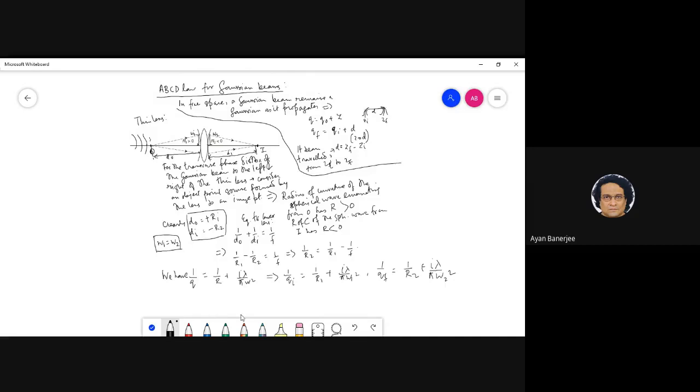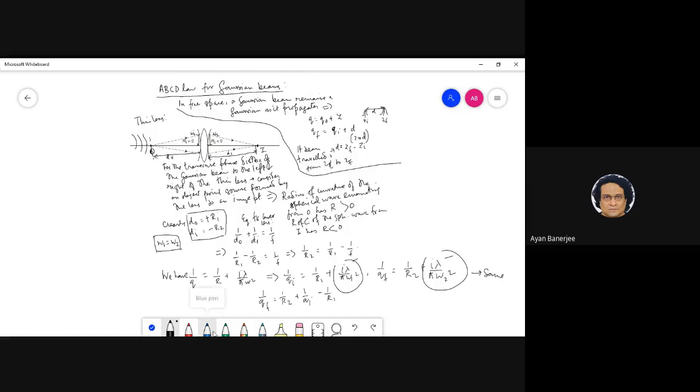Okay, so I know that W1 is equal to W2 very clearly. So these terms are the same, this term and this term are the same. Lambda is of course the same. So basically what we have is 1 by Qf is 1 by R2 plus 1 by Qi minus 1 by R1.